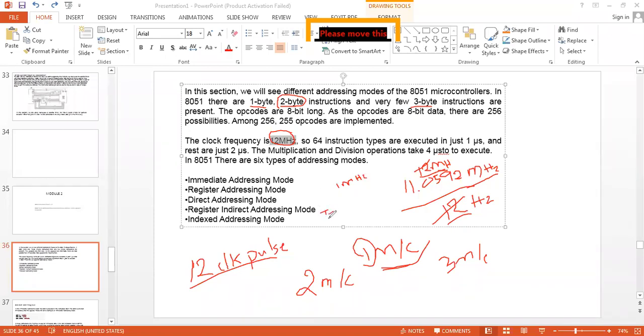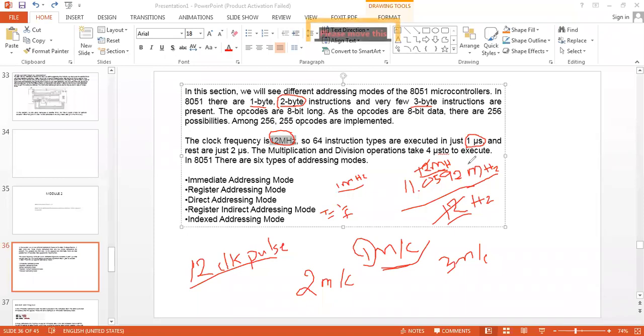T is equal to 1 by F. Okay. So what is F? 1 megahertz. What is 1 by 1 megahertz? It is 1 microsecond. Okay.